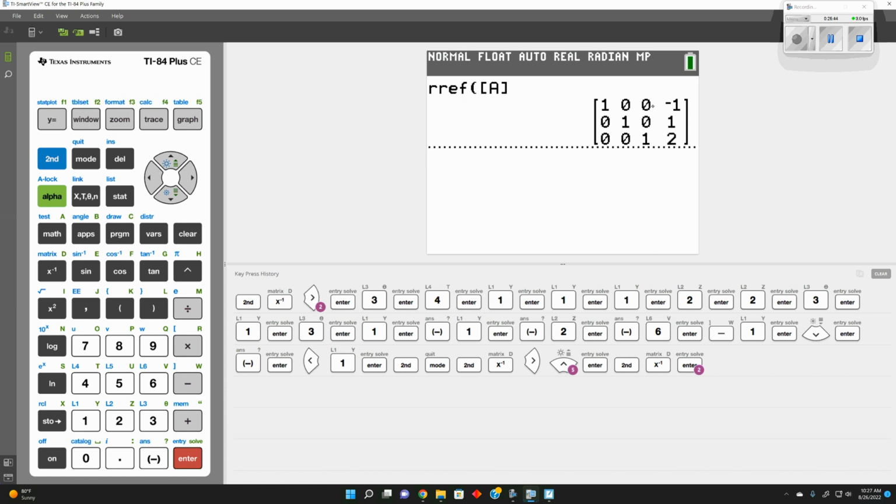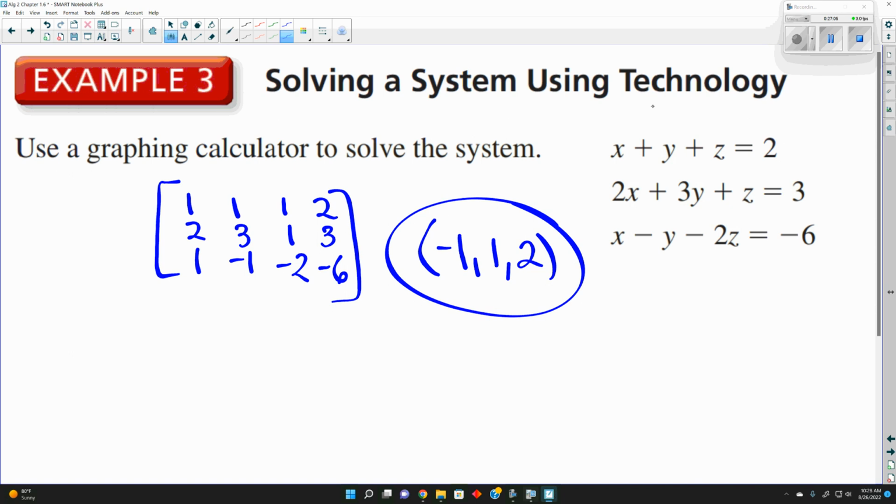So the top row is telling me that I have x plus 0y plus 0z equals negative 1. So the value of x is negative 1. The same thing is true for the middle row, which is telling us y is 1, and the last one's telling us z is 2. So our solution is negative 1, 1, 2. And that's it. So it solved it for us.